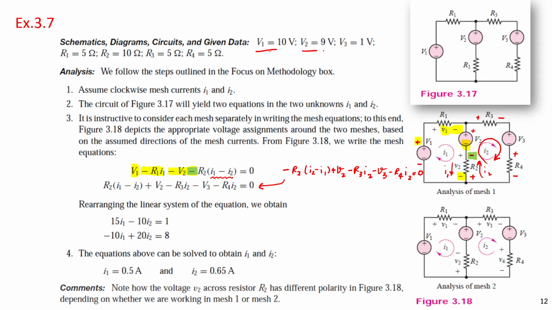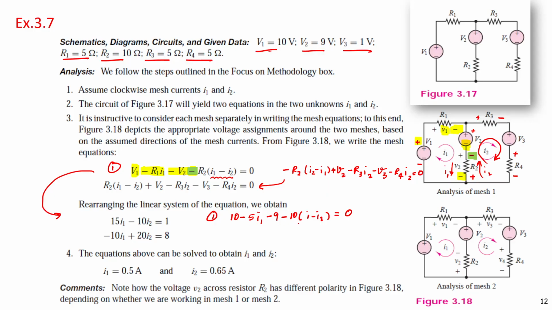Then we substitute V1, V2, V3, R1, R2, R3, R4 and rearrange, and we get this equation. For example, for the first equation: V1 10 minus R1 5 into I1, minus V2 which is 9, and then minus R2 10 into I1 minus I2 equal to 0.